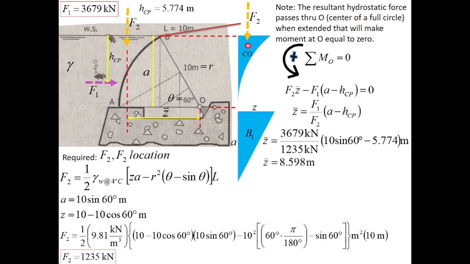So, we can now conclude F sub 2, the vertical component of the hydrostatic force, is located 8.598 meters to the left of O. Ito yung O, to the left of O. Ito yung Z bar, which is 8.598 meters.